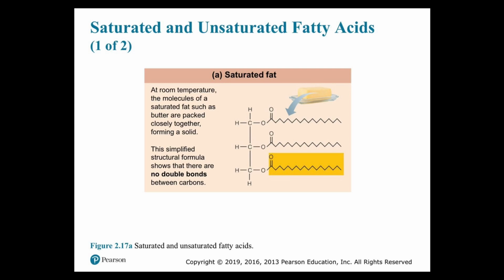Recognize you have the three fatty acids joined to a glycerol, and in the fatty acid chain there are no double bonds, which means that there are lots of hydrogens. I know there's the oxygen there with the double bond, but that one doesn't count. It's actually part of the carboxyl group, but we don't want to get into those details, and it's not really part of the hydrocarbon chain.